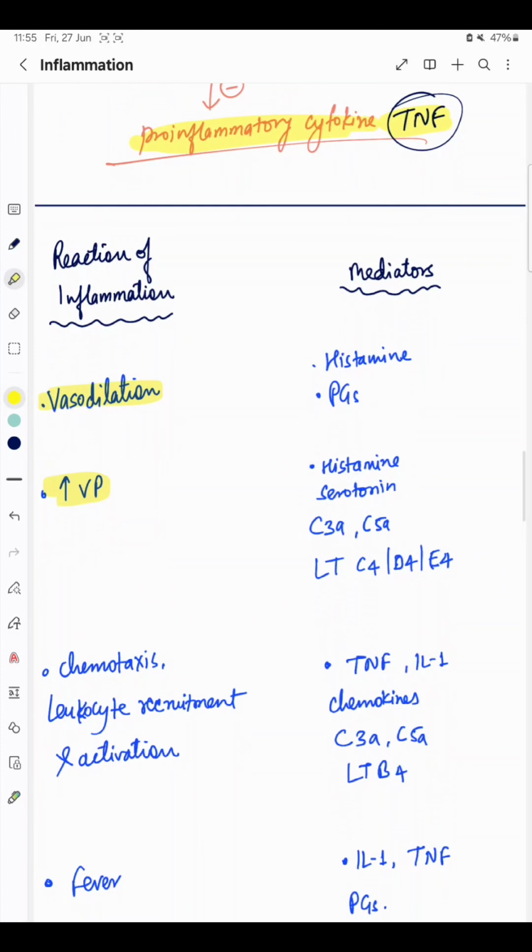Now we will see the reaction of inflammation and the various mediators responsible for it. Vasodilation: histamine and prostaglandins. Increased vascular permeability: histamine, serotonin, complement proteins like C3a, C5a, leukotrienes C4, D4 and E4.